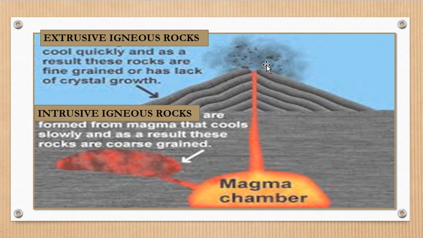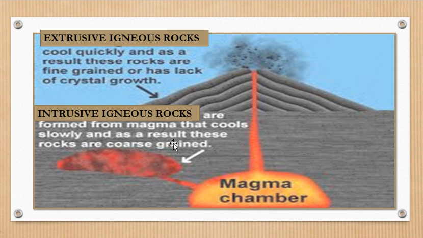But there are types of igneous rocks, depending on where they solidify, whether inside or outside, within or at the surface of the earth. If the magma within the earth solidifies or crystallizes, hardening within the earth, that is what we call intrusive igneous rocks.